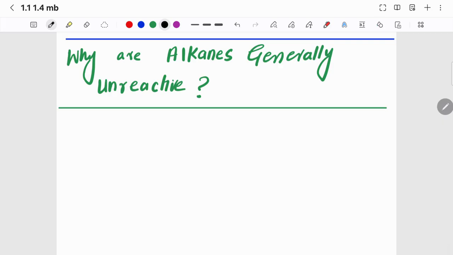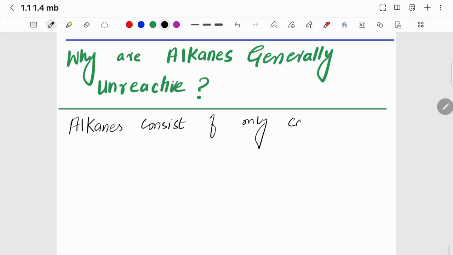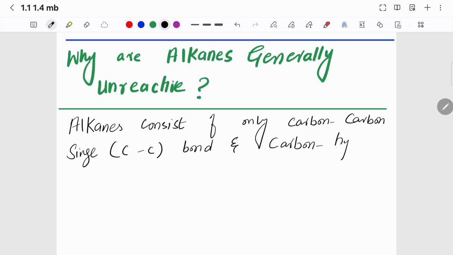We have already discussed that alkanes have carbon-carbon single bond. So I can write alkanes consist of only carbon-carbon single bond and carbon-hydrogen bonds.